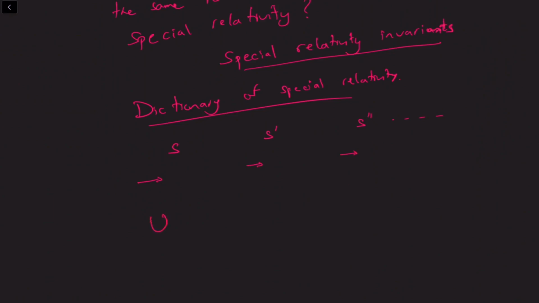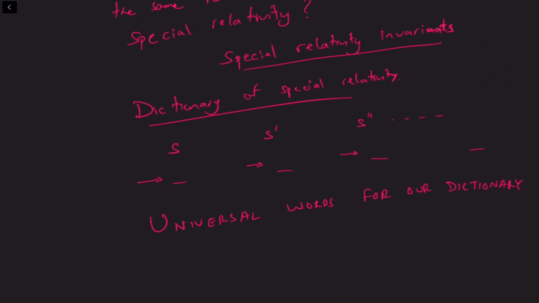Another way of describing this is that we are looking for universal words for our dictionary, a word that is the same in all languages of all these observers.